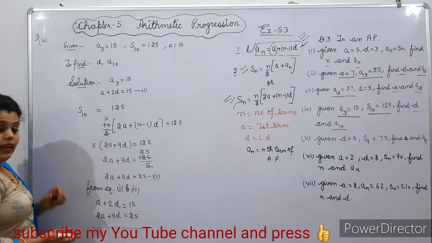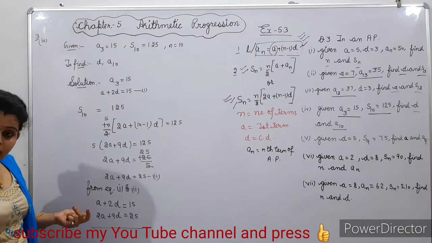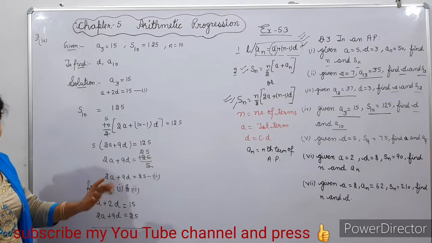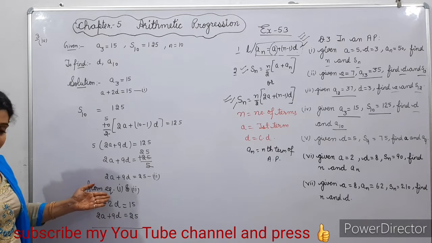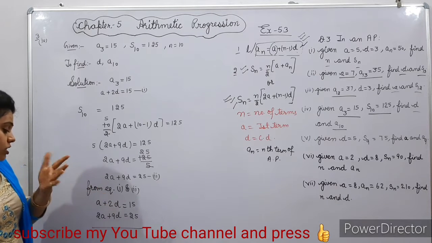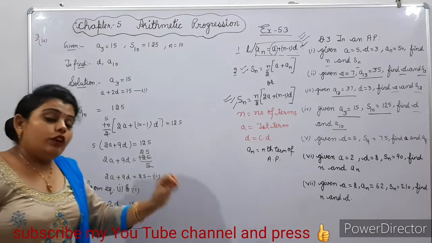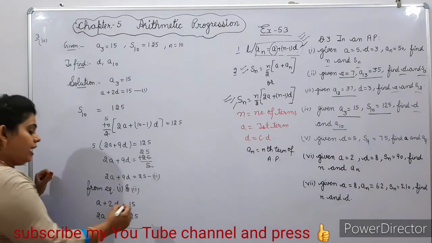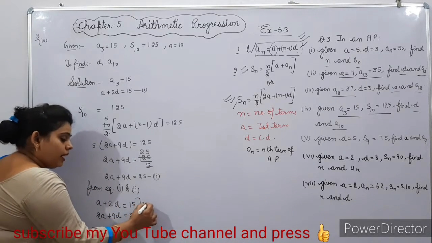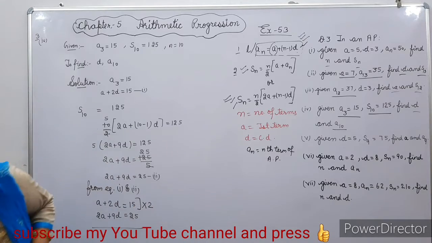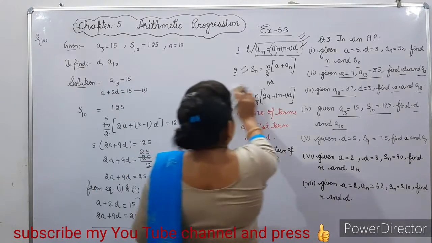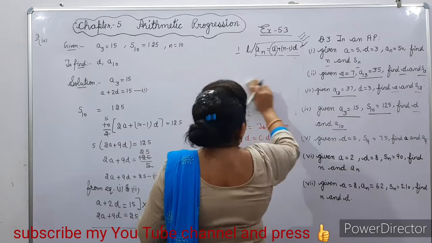But here the coefficient of A and coefficient of D are not the same. So first of all we will make them the same. हम क्या करेंगे? We will multiply this equation by 2. Now what will we get?